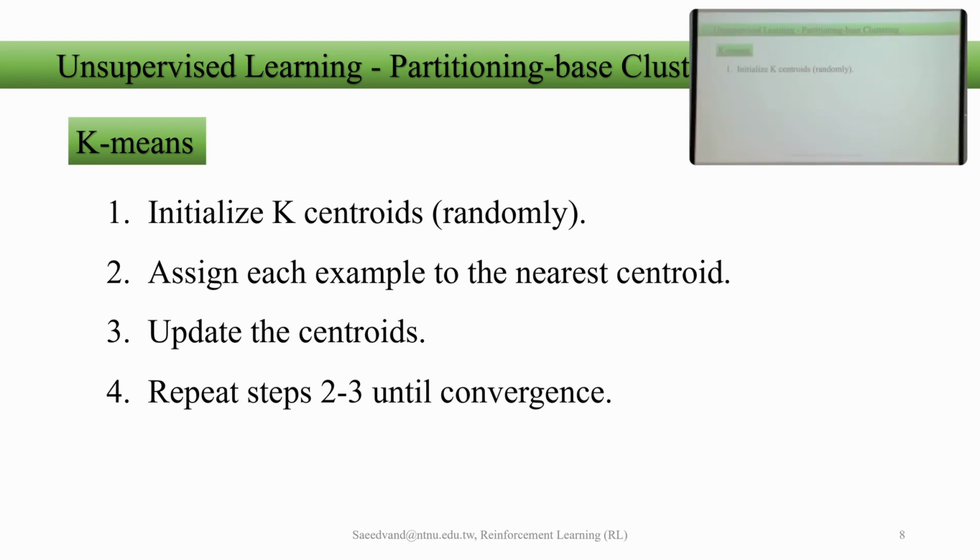So directly I'm going to explain the steps of the k-means, and then we will solve an example so that you clearly understand. What we have as steps: we initialize k-centroids, usually randomly.